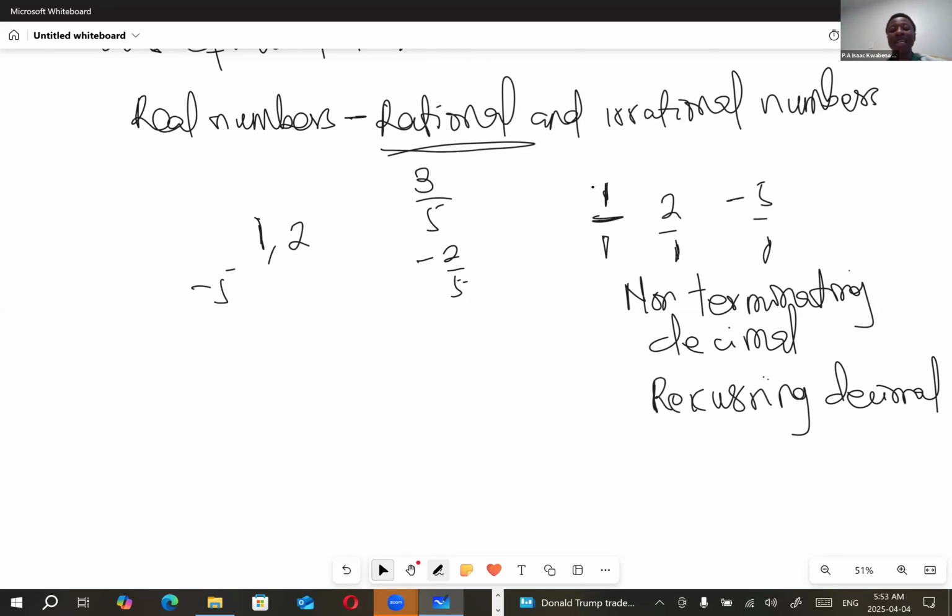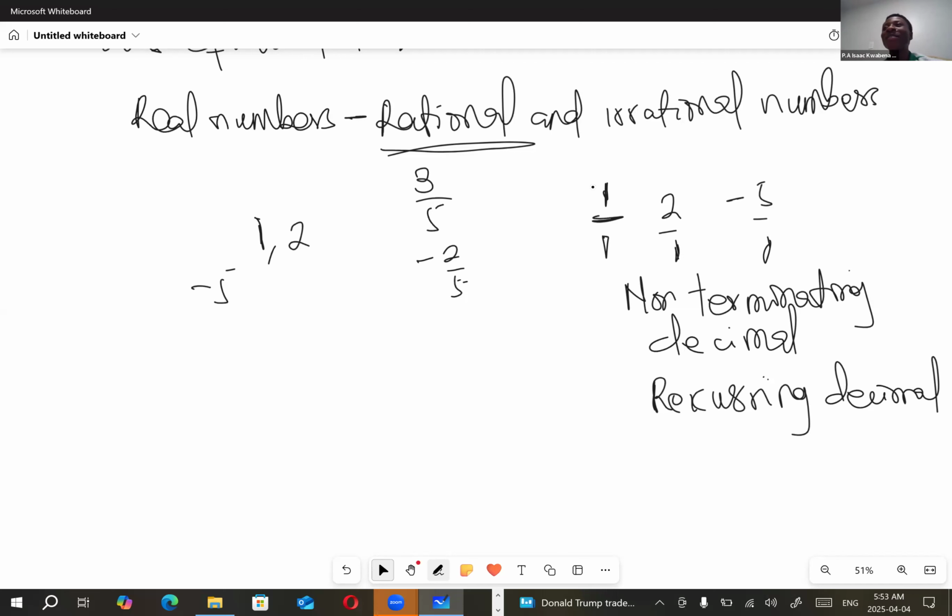Okay, so now I'll give you an example. Let's say 1/3. When you change it to decimal, maybe you get like 0.3333. It will never end. Good. That is it. Do you understand?